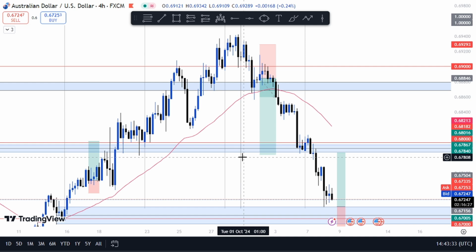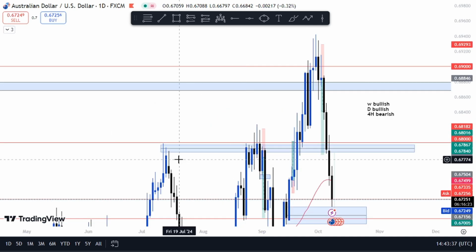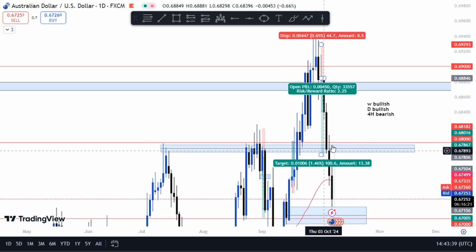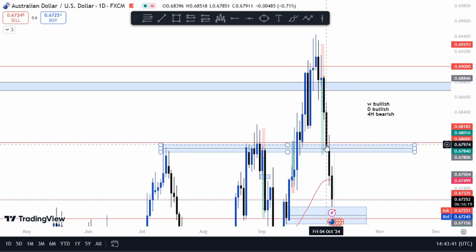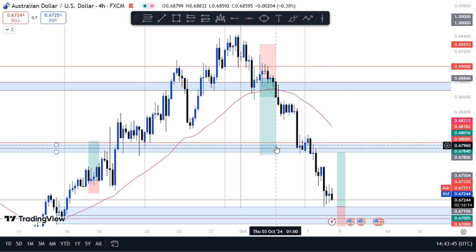As you can see, this is also a daily support level that marked out this level. That is what is showing on the 4 hour. So that is why I was expecting the market to reverse over here, but by Friday the market closed here when I took my TP.